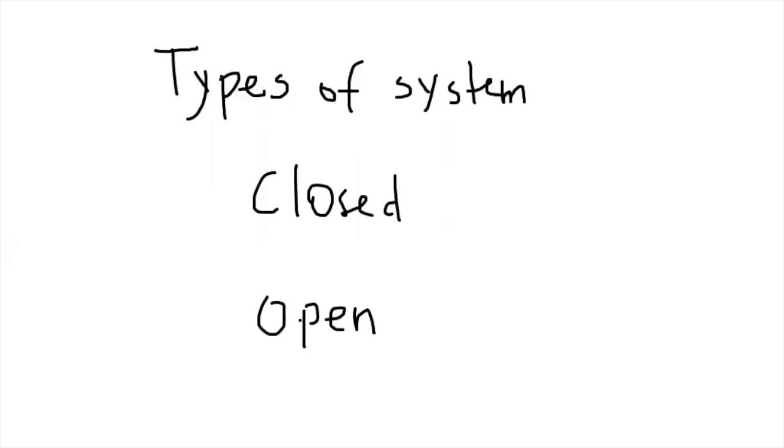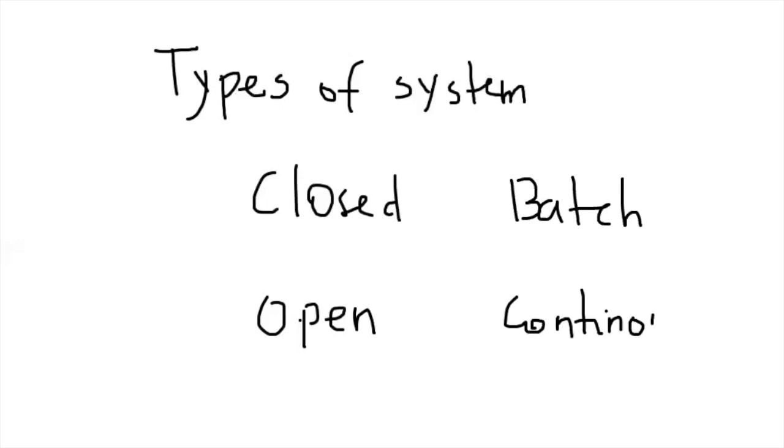Usually the batch processes are closed. And the open system is a system where you can exchange the mass. So you are exchanging energy, and you're introducing more mass into the system or extracting some mass from the system. Usually the continuous process is an open system.